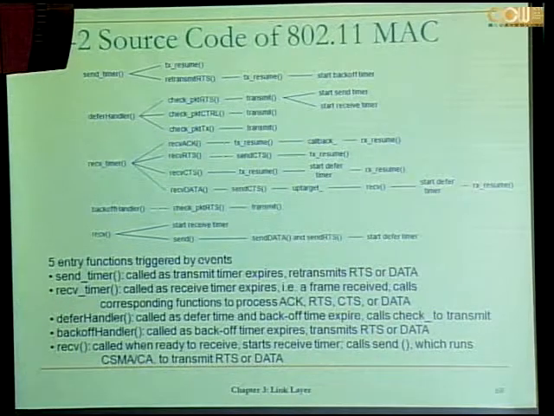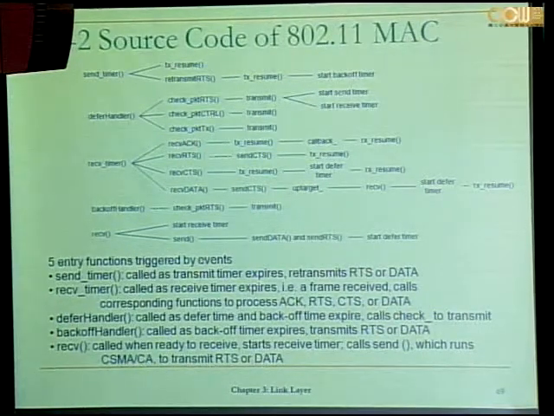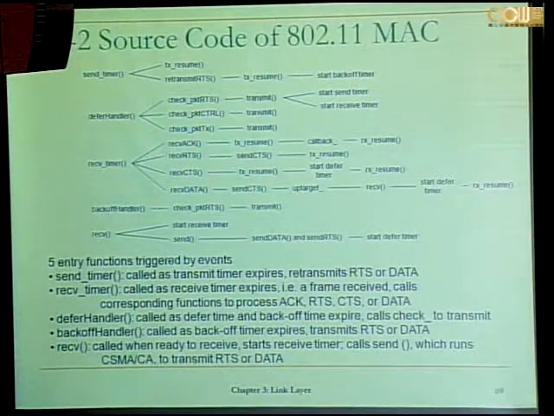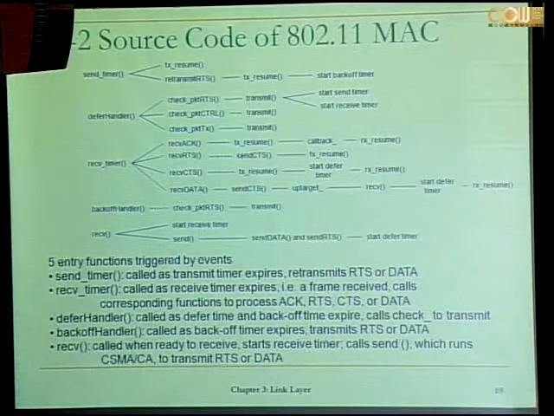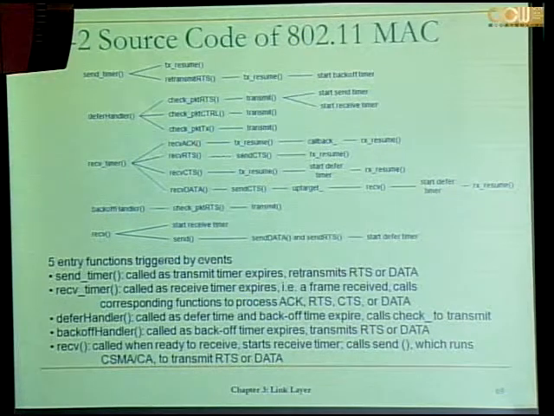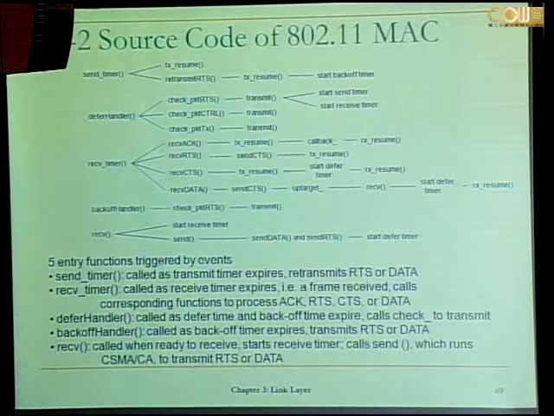And how about the receive timer? It's called when the receive timer expires. It means, here it's a good thing, that you received a frame. If no frame is received, you are expecting to receive a frame but none arrives, then the timer does not expire.